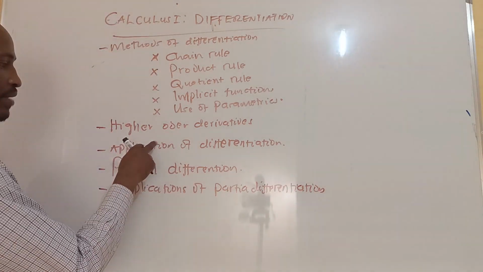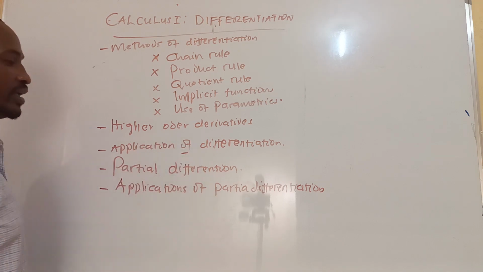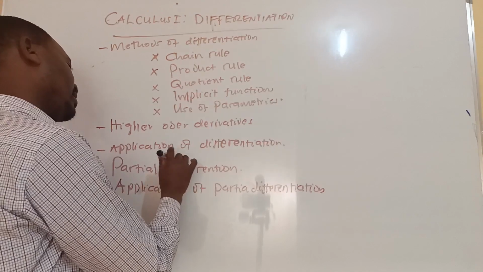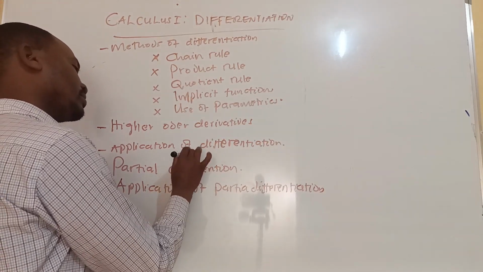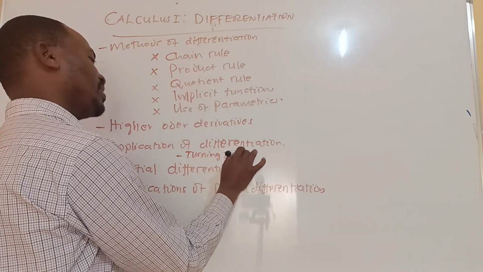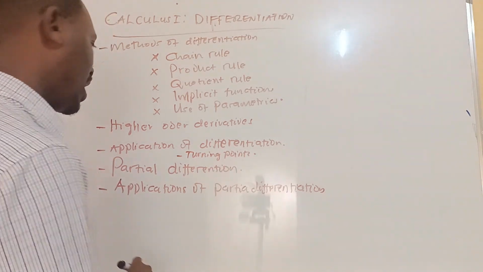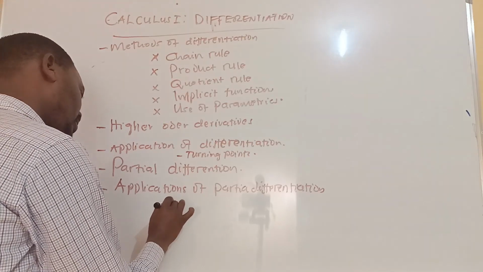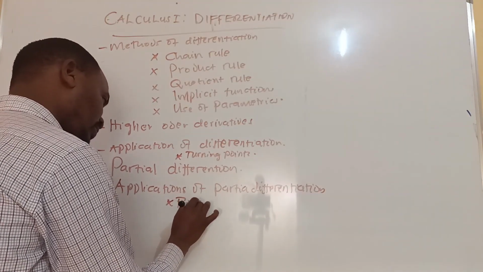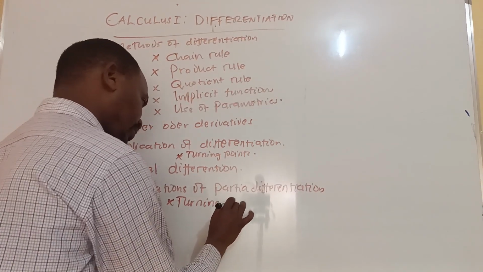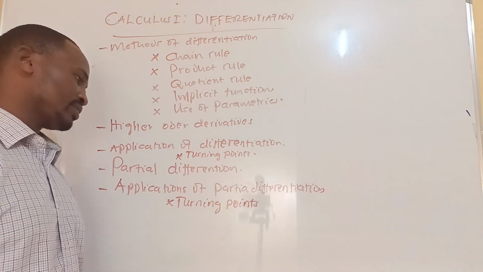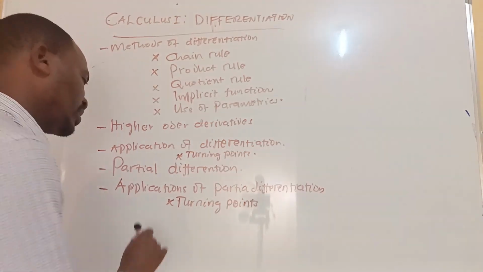Here we'll cover one application, how to find minimum and maximum points. We call them turning points, critical points or stationary points. All those three terms refer to the same thing.